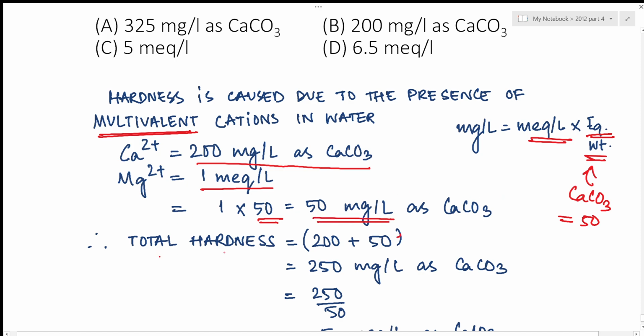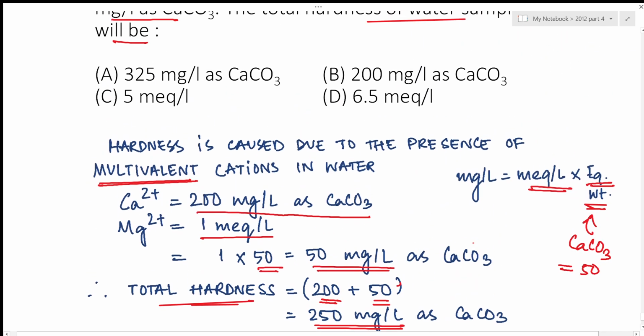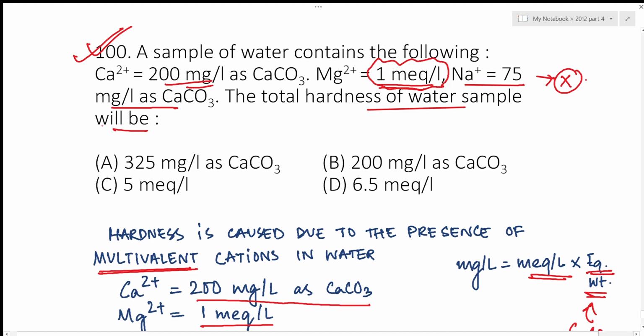The total hardness should be 200 plus 50. This is for calcium and this is for magnesium. So it should be 250 milligram per liter as CaCO3 or 250 by 50, which comes out to be 5 milli equivalent per liter as CaCO3. So both the options are correct. So the correct option here should be 5 milli equivalent per liter.